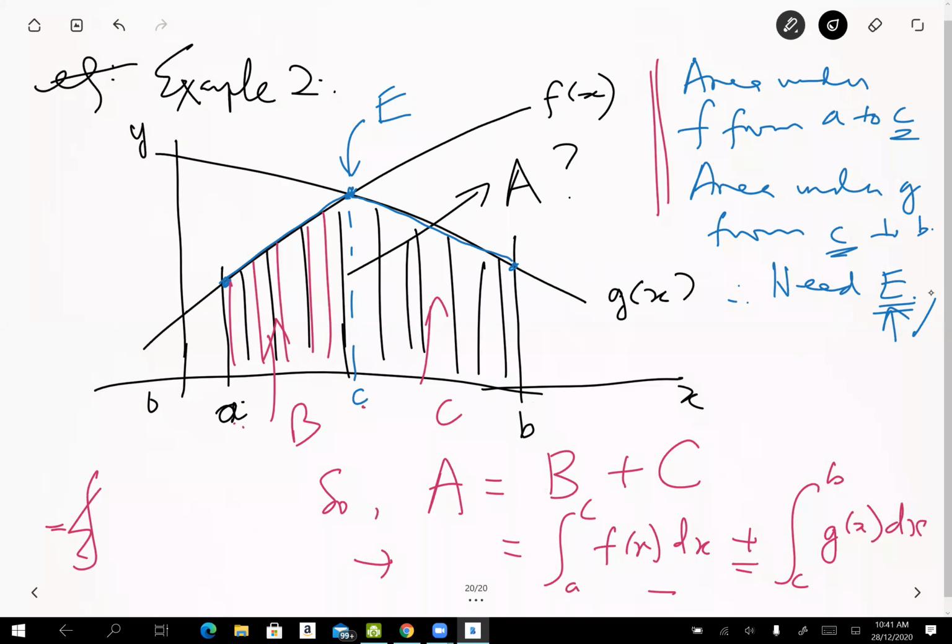Let me give you the other rule. That is rule number 4, which was not given in the book. The area is the following.